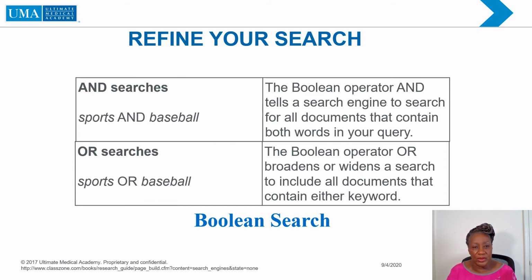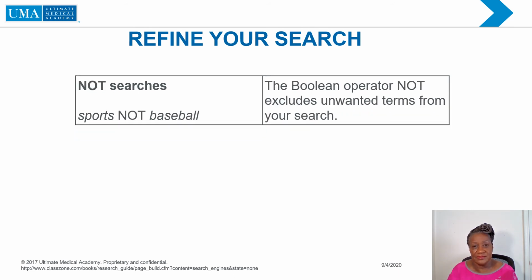When using or, sports or baseball, the Boolean operator or broadens the search to include all documents that contain either word. And when you use a not search, sports not baseball, the Boolean operator not excludes any unwanted terms from your search.